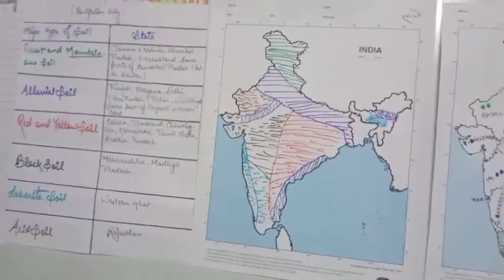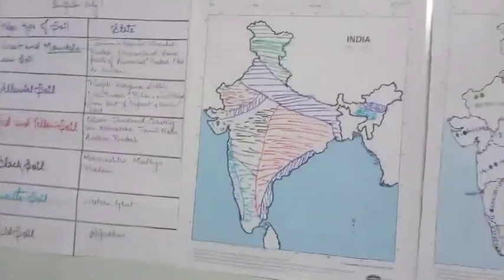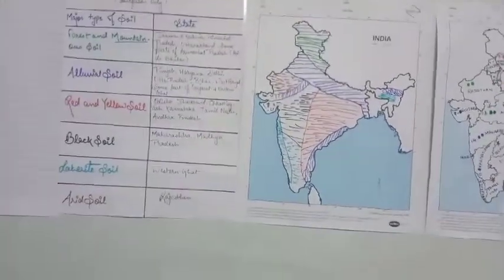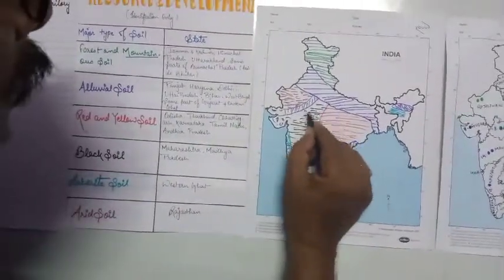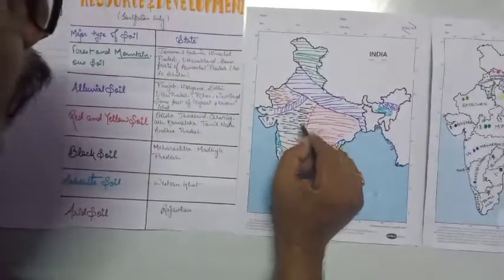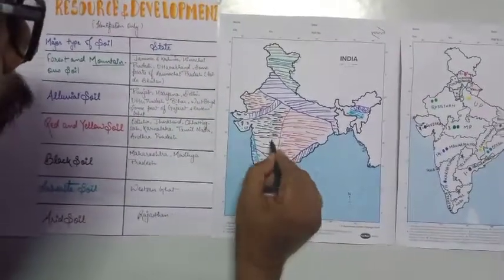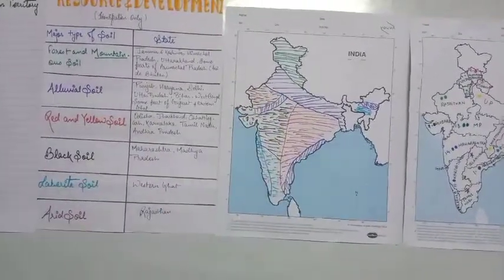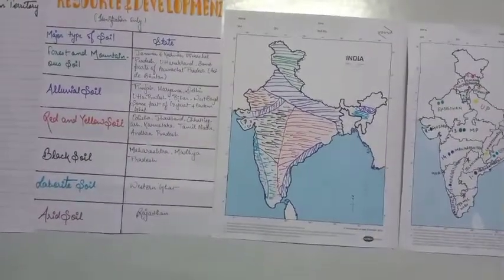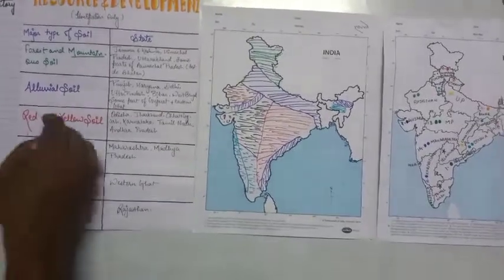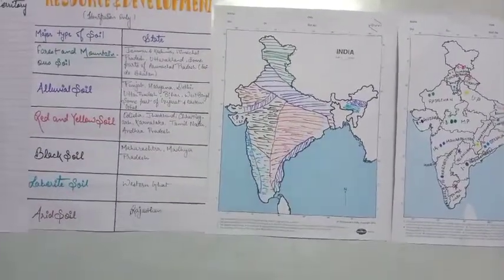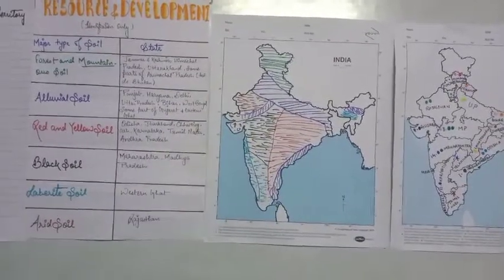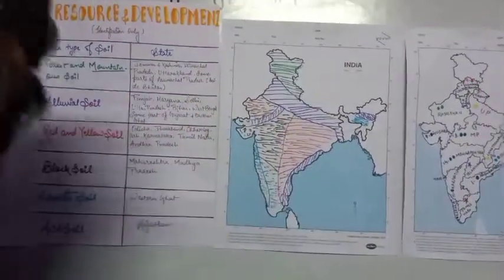Okay, black soil, only the some areas where the production of cotton takes place, such as Madhya Pradesh, Gujarat and Maharashtra, is the major part of black soil. Red soil is basically found only in those areas where the mines are located, because iron is present in huge amount. So in this way you can easily identify.